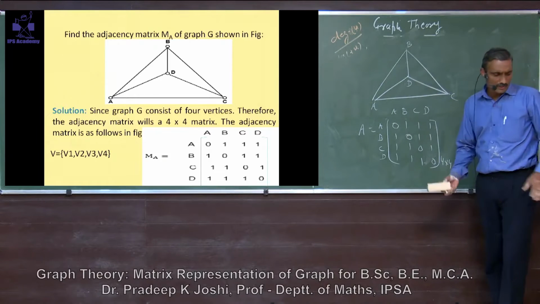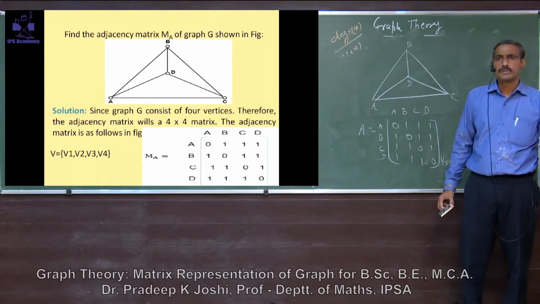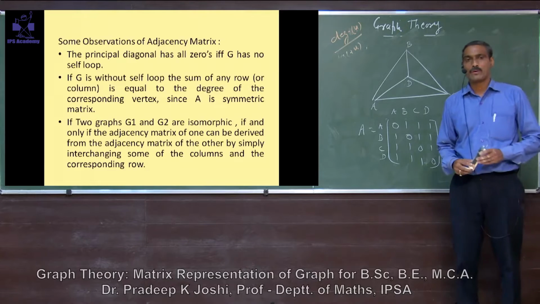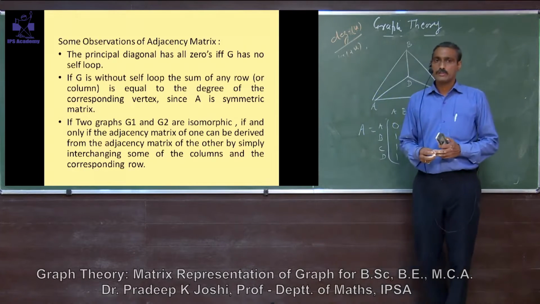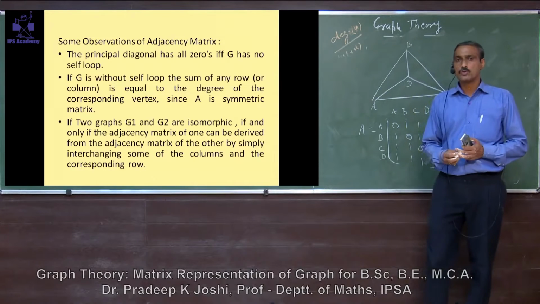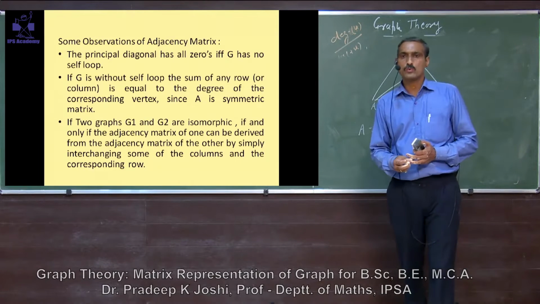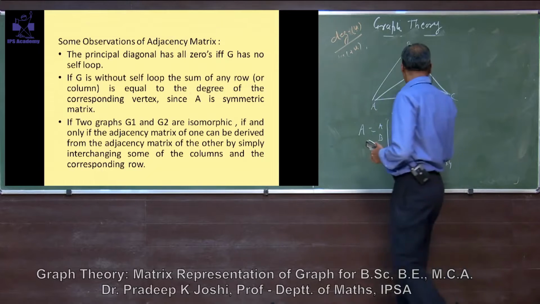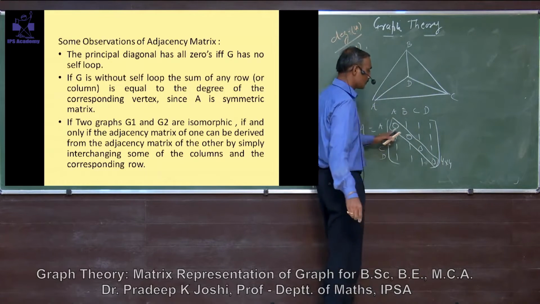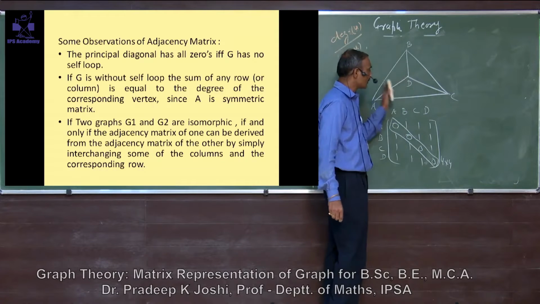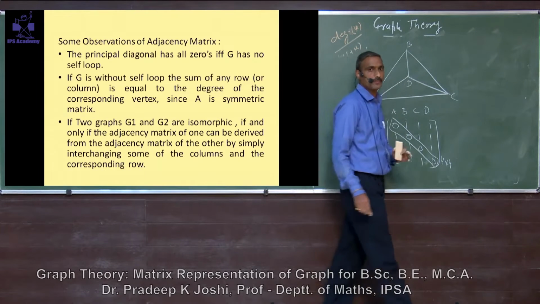Now, what are the basic observations about this matrix? Some observations about the adjacency matrix: the principal diagonal has all zeros if and only if G has no self loop. These principal diagonal entries are all zeros because the graph does not have any self loop.